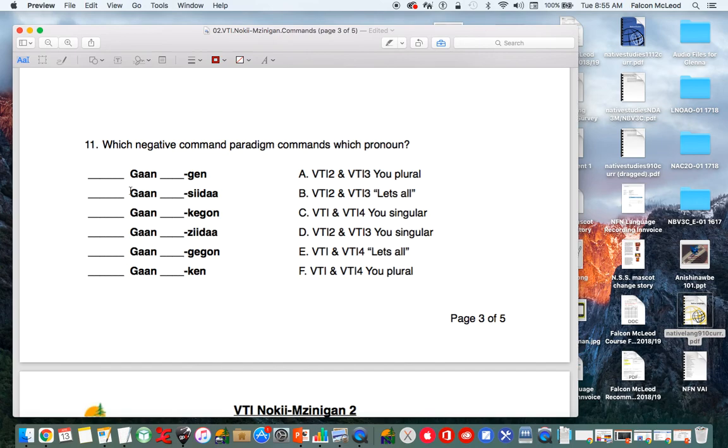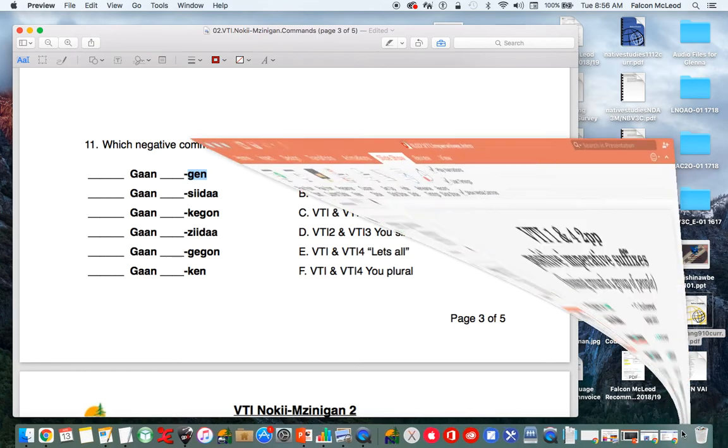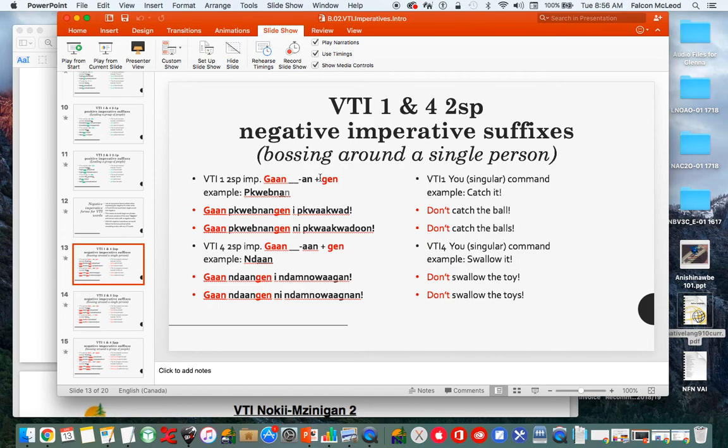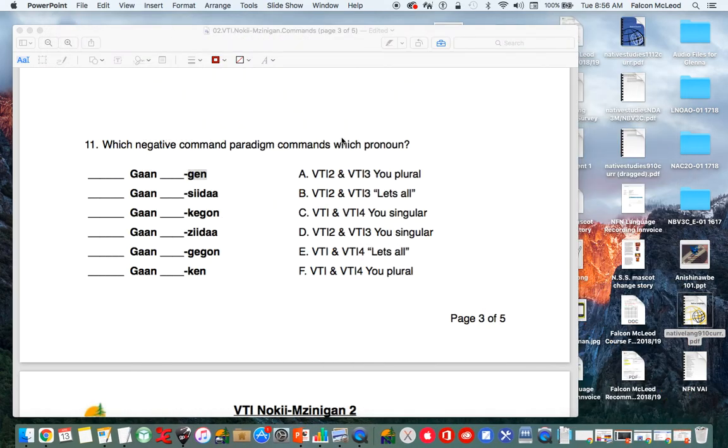All right. So which negative command paradigm commands which pronoun? So we have gaa and then gen. So which one used gen? So let's consult our lesson here. We're going into the negatives. Oh, so we have gaa and gen. So they commanded VTI 1 and 4s. VTI 1 and 4 with the U singular right there.